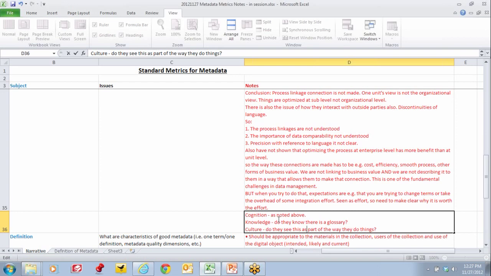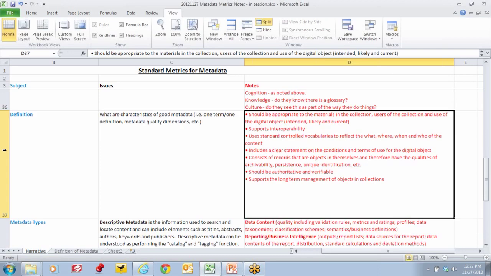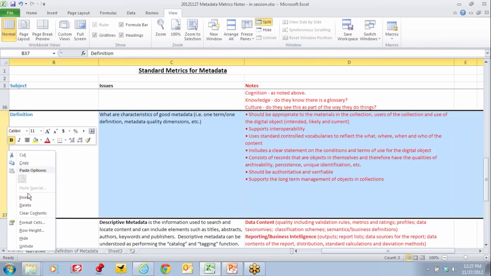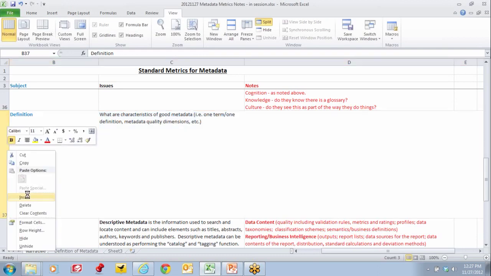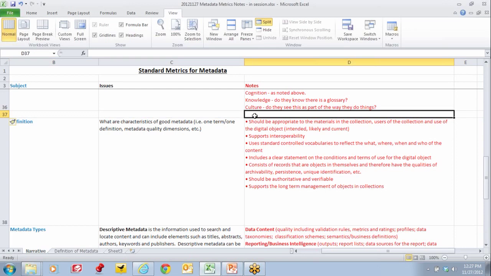And I'm not sure I've seen those arguments made yet. Yeah, so I think what you're saying is we've got to be clear about why it is worth the effort. And if we can't do that, people are not going to do it because it's hard and expensive.